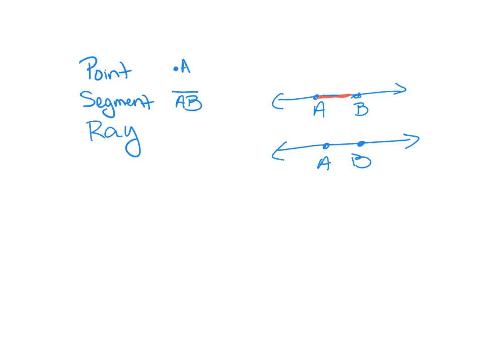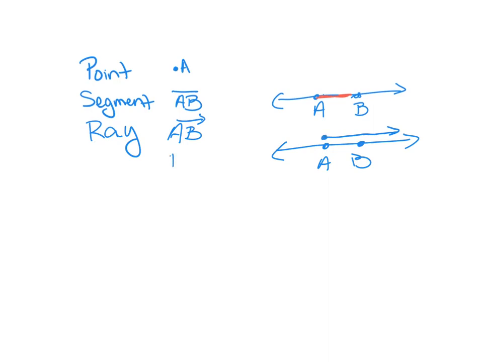A ray starts at one letter, goes through the other letter, and it goes on to infinity and beyond, like Buzz Lightyear, okay? So if it's ray AB, it's going to be from A all the way through B forever, but it starts at A.